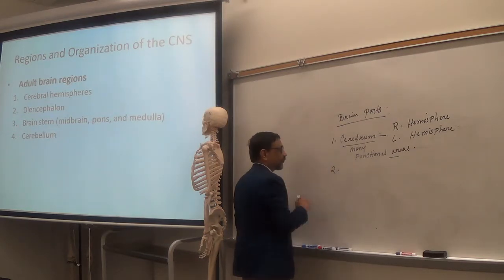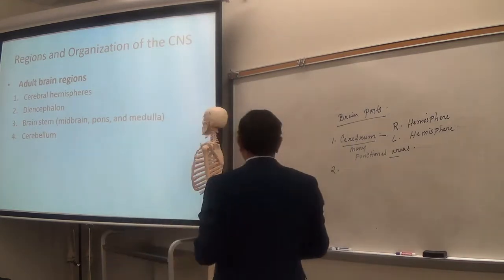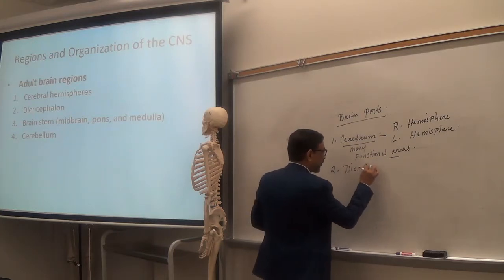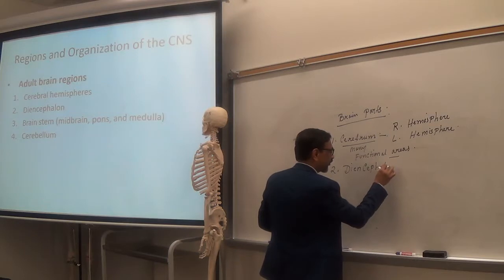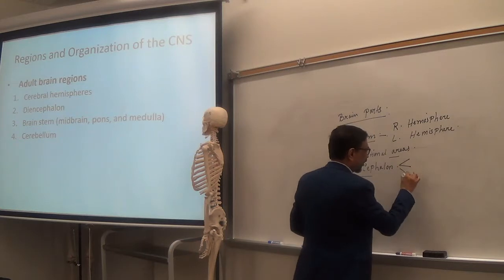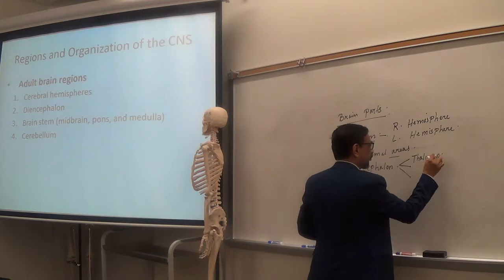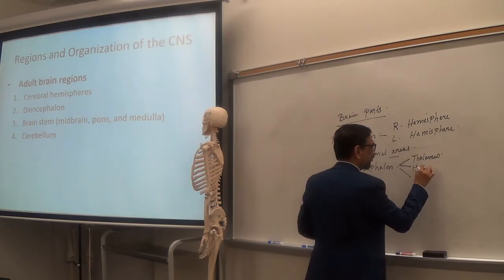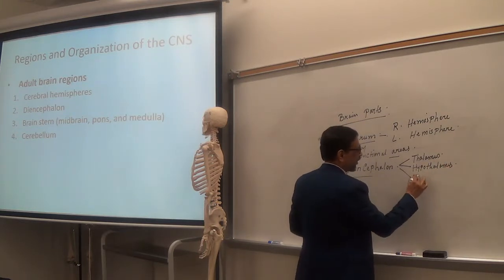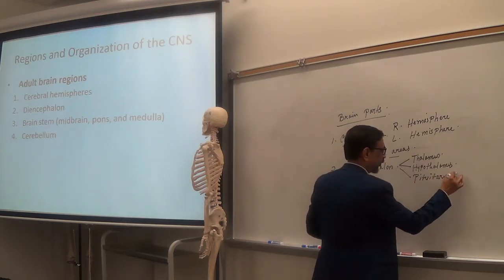Number 2. Another part is called the diencephalon. This part consists of the thalamus, hypothalamus, and the pituitary gland.